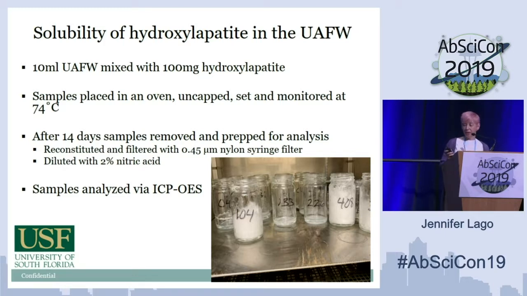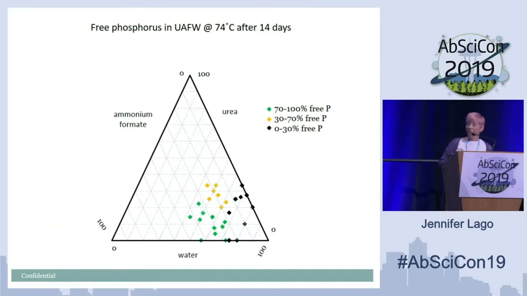And the results that we got from that, we plotted again on a ternary diagram, and it was quite surprising. You can see here in the results for the free phosphorus that there's quite a bit of the molar ratios where we had 70 to 100% of free phosphorus available in this UAFW, meaning that the UAFW itself actually solubilized apatite.